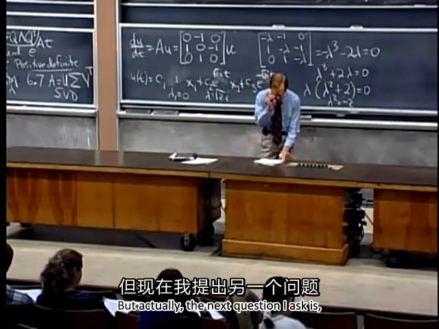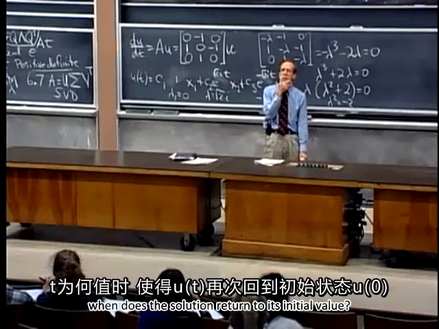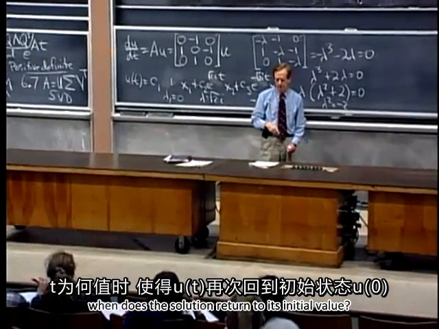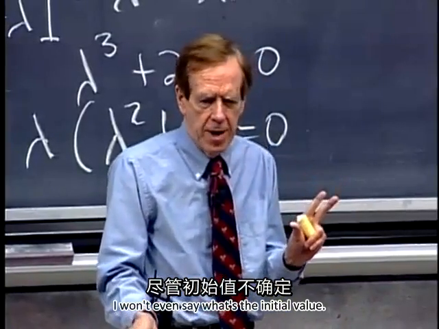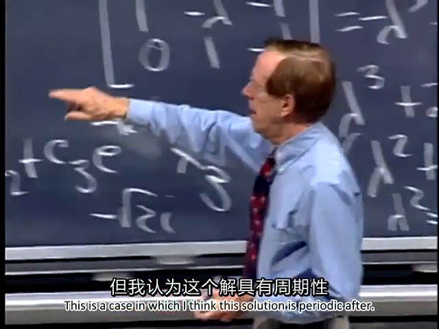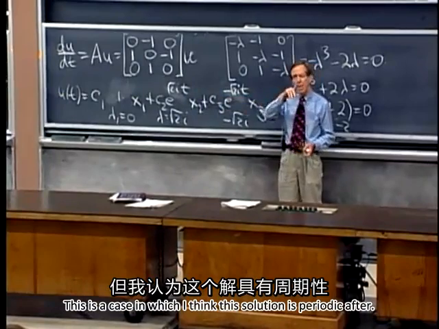But actually, the next question I ask is, when does the solution return to its initial value? I won't even say what's the initial value. This is a case in which I think this solution is periodic.